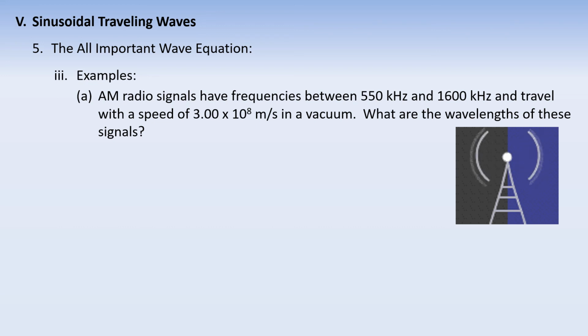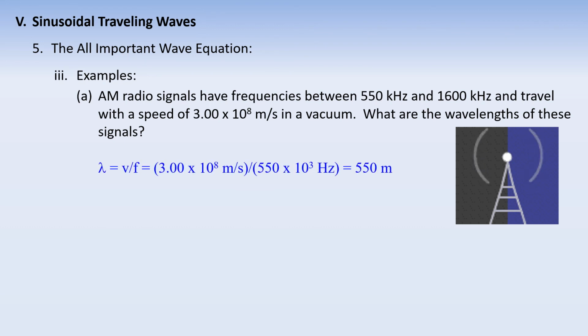We have a low frequency and a high frequency signal here, so we really have two problems. From our wave equation, the wavelength is given by the wave speed divided by the frequency. So we plug in our wave speed, 3 times 10 to the 8th meters per second. For the low frequency, 550 kilohertz, when we plug this in and do the number crunching, we get a wavelength of 550 meters.